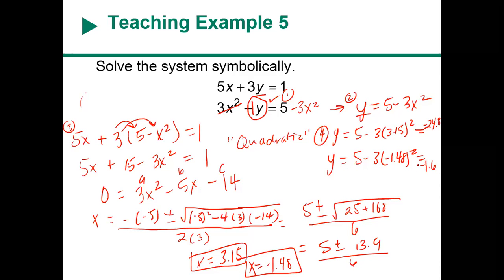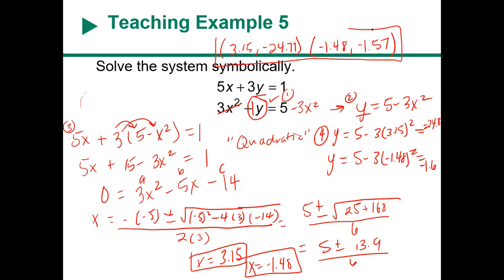Okay, so now we have our y's, we have our x's, so our answers are 3.15, comma, negative 24.8. And then, oh, I should have kept my rounding the same. Bad job. So this would be 3.15, negative 24.87. My rounding is the same for both. And then we have negative 1.48 and negative 1.57.